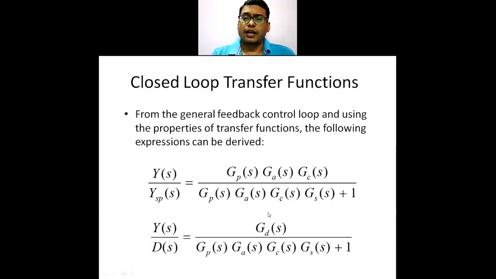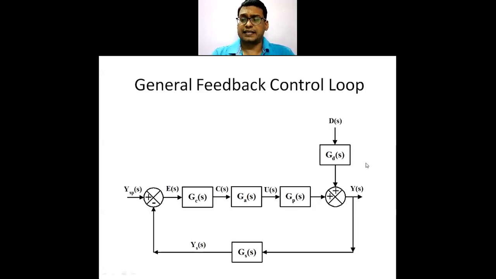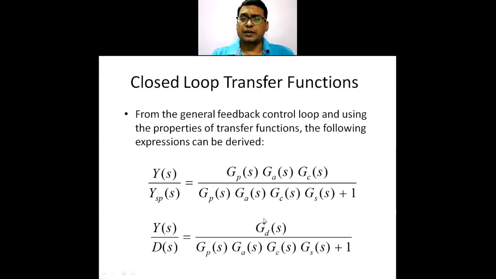Similarly, for a regulator problem, the transfer function between y and ds in this figure, or y and u in our regular figures, that is Gd(s), is the only transfer function in the numerator. So Gd(s) upon 1 plus the product of all transfer functions.